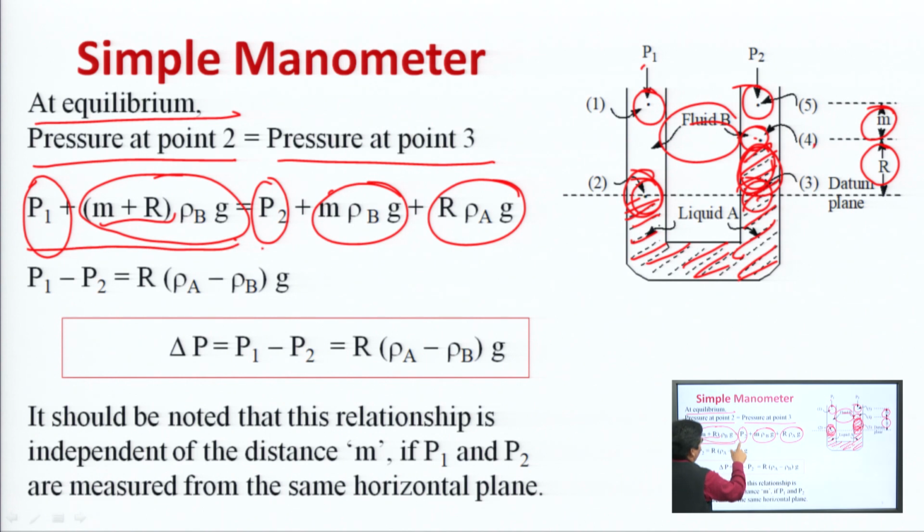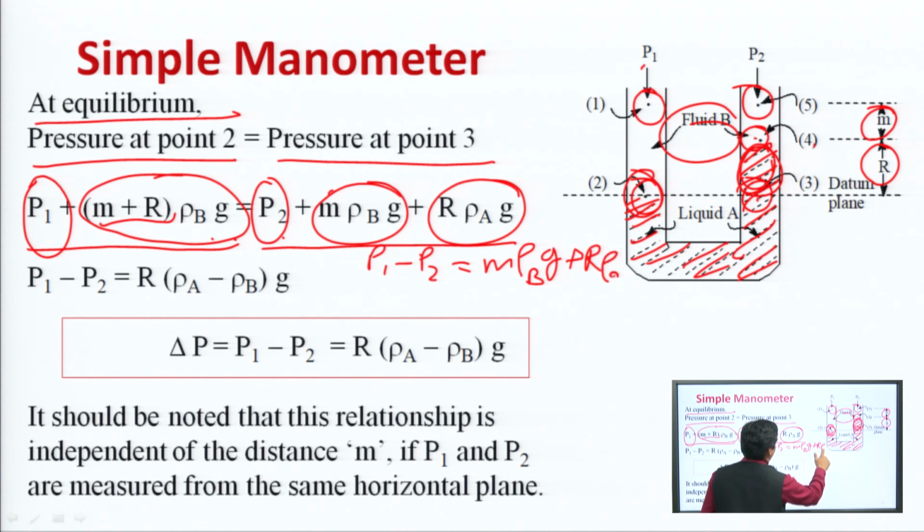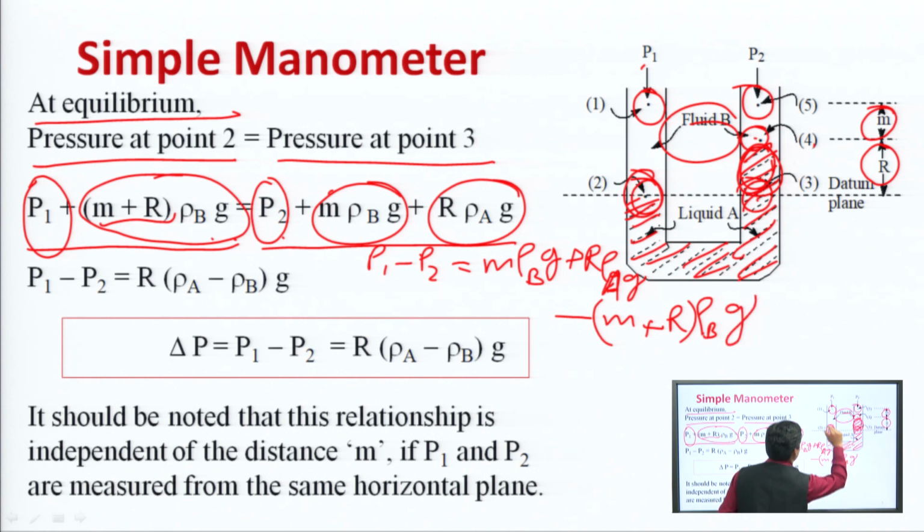Now, solving this equation we will arrive at the result. How? Let us take P2 to the left-hand side and (m plus r) rho B g to the right-hand side. The equation changes to P1 minus P2 equals m rho B g plus r rho A g minus (m plus r) rho B g.